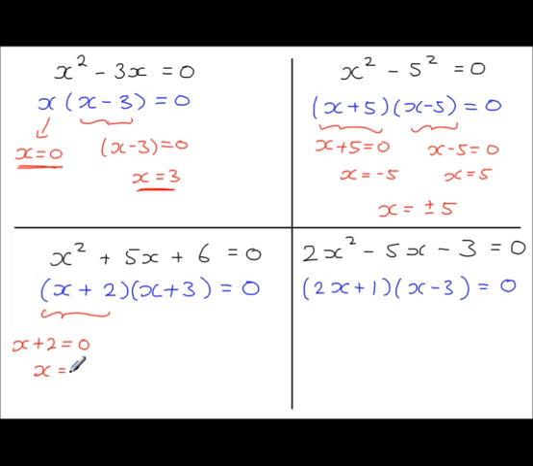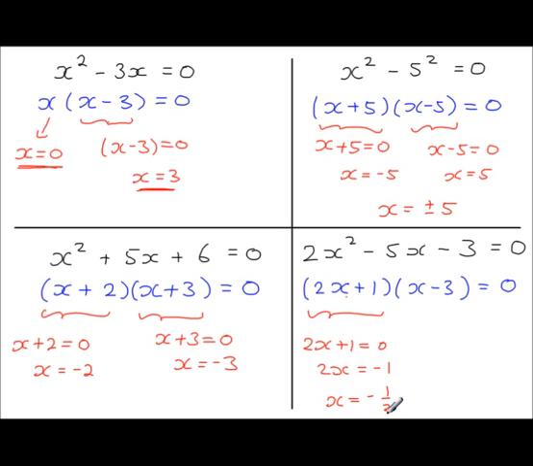In this one here, x plus 3 is equal to 0, so x is equal to minus 3. This one, 2x plus 1 equals 0, 2x is equal to minus 1, x is equal to minus a half. And from here, x minus 3 equals 0, so x is equal to 3.